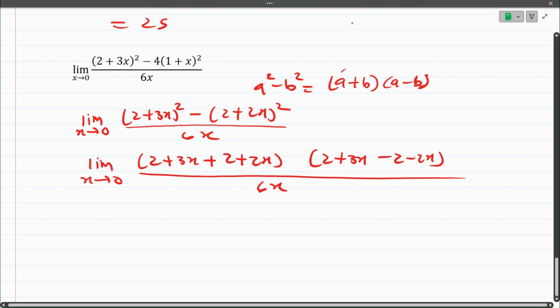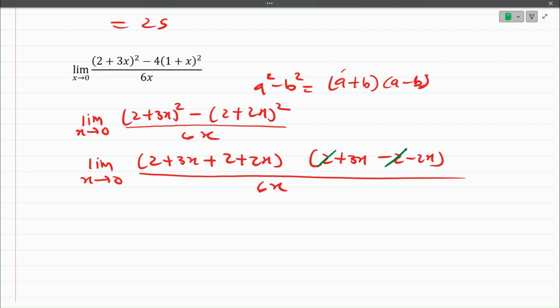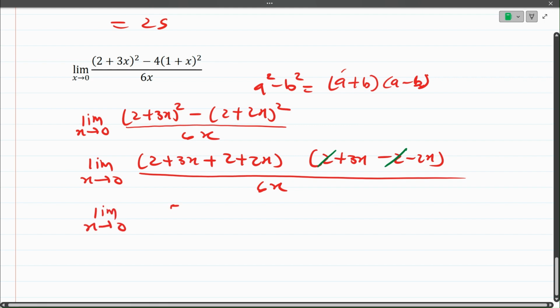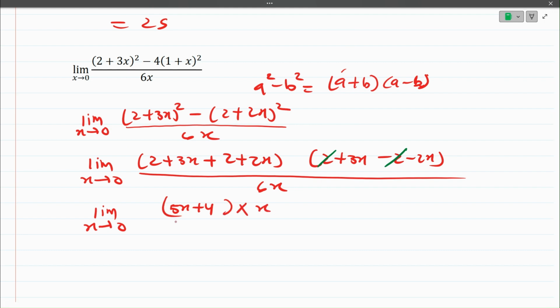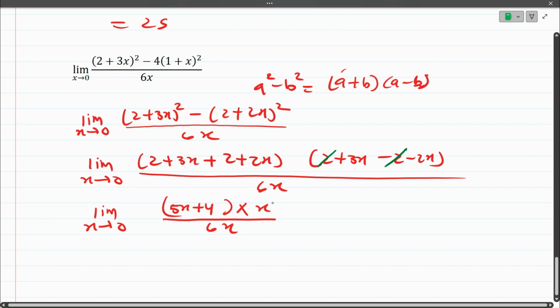So here the positive 2 and negative 2 will be cancelled out, and by simplifying we get 5x plus 4 times x over 6x. We can cancel out x here, and we get limit x tends to 0, 5x plus 4 over 6.